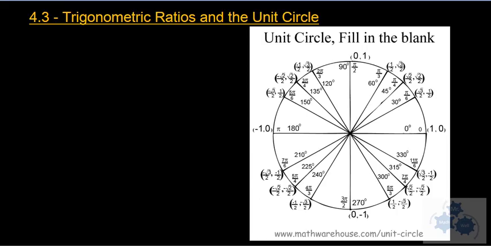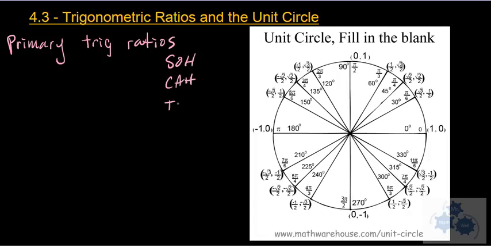Now, let's come back to the notes here. What we're going to talk about more specifically is trigonometric ratios and how that has to do with the unit circle. So the trig ratios, do you remember what the primary trig ratios are? Okay, SOHCAHTOA, yes, that is a memory mnemonic that helps us understand what those ratios are. So you mentioned SO, CAH, and TOA, yes, we're going to need that here in a minute.